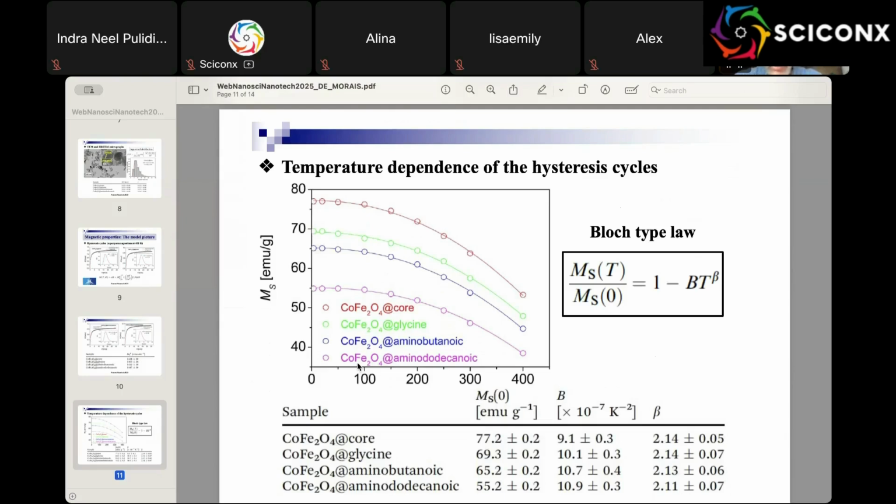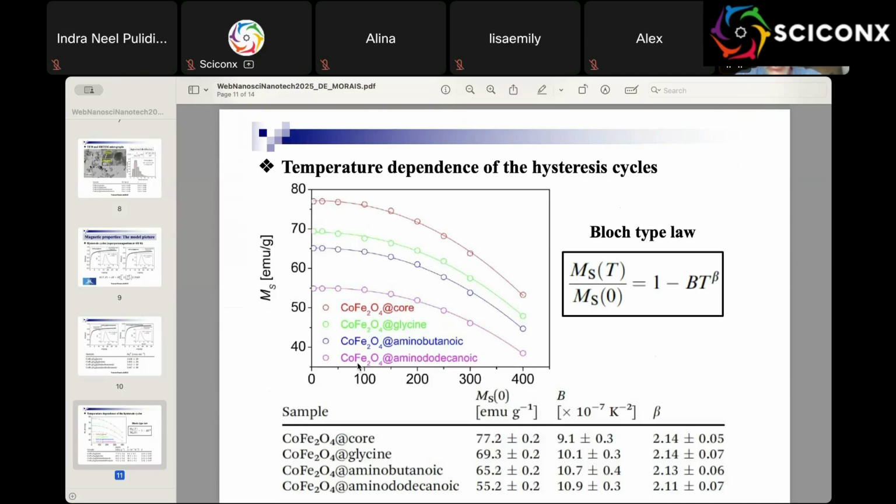And you can see that the difference between the native, which is 77.2 EMU per gram, is quite different from the saturation magnetization of the thickest surface coating, which is the last row, aminododecanoic acid. It goes down to 55.2.